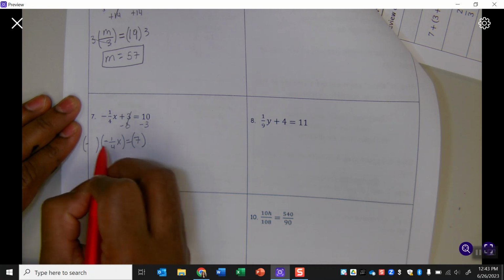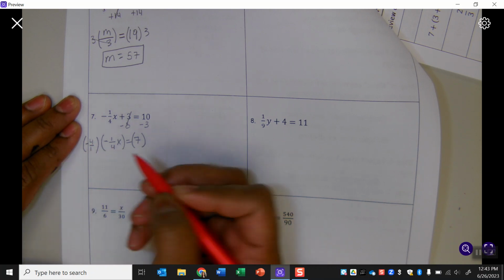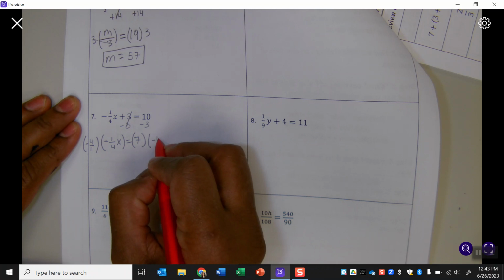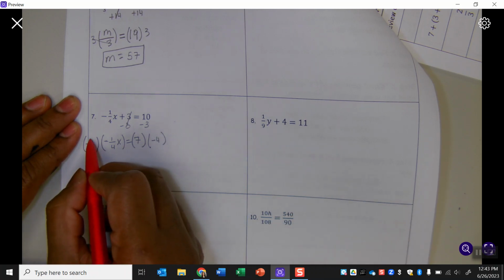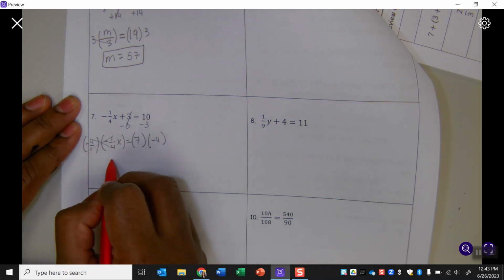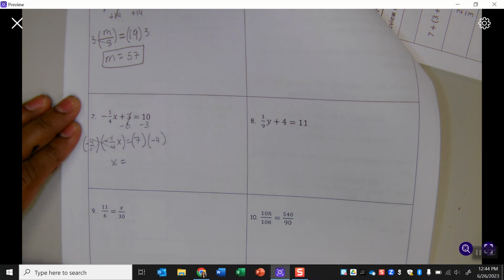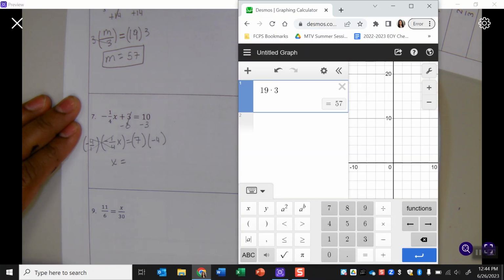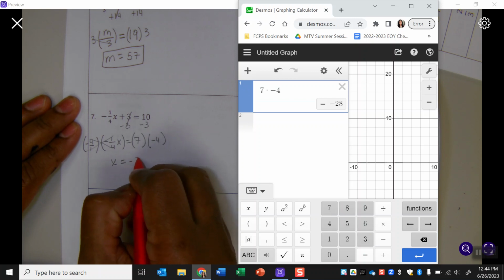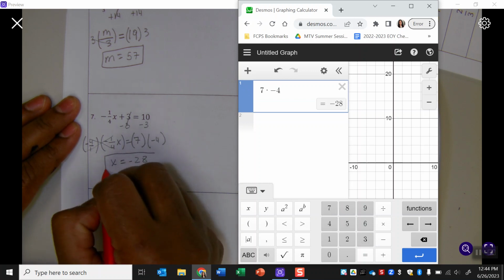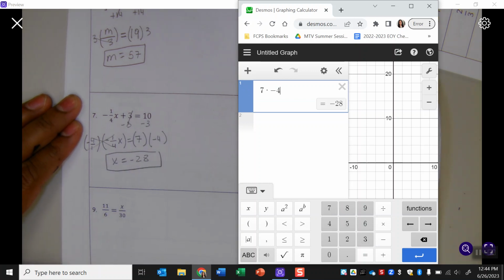Keep the negative, and then 4 over 1, or just 4. Negative 4 multiplied by negative 1/4 all gets canceled out, so you just have x. 7 times negative 4 is negative 28. Pause the video and try number 8.